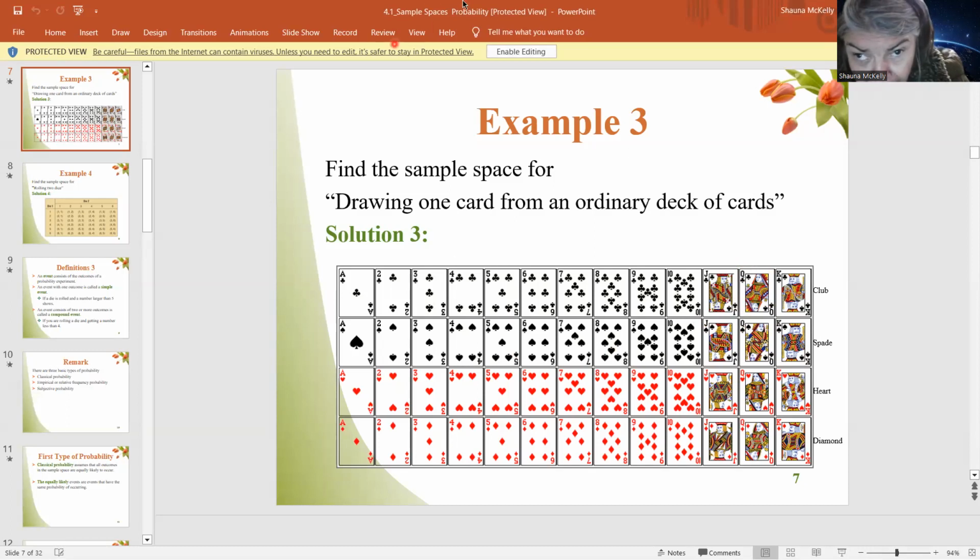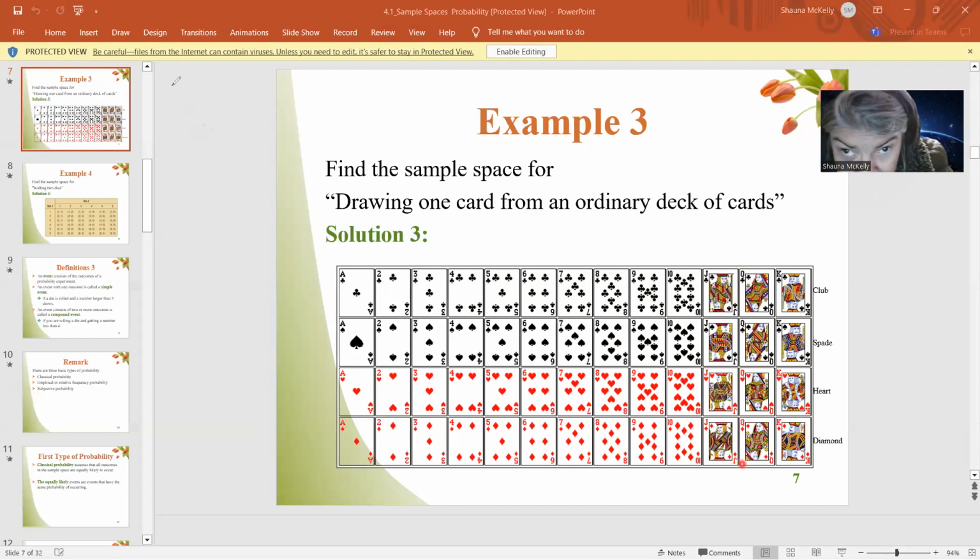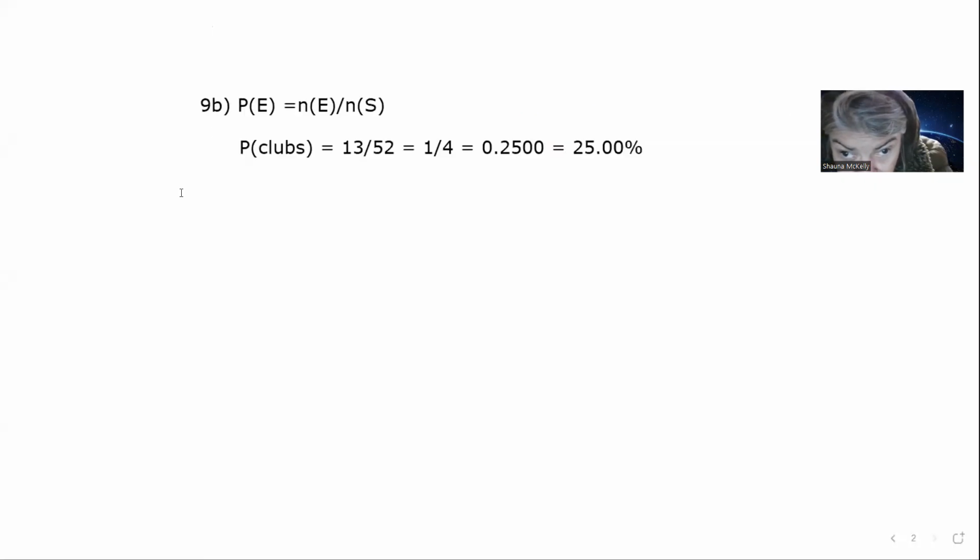So here we're going to say the probability of a queen of clubs is going to be 1 out of 13.